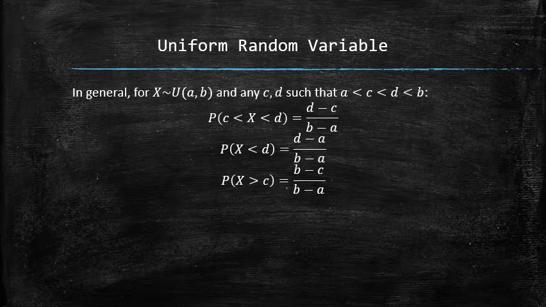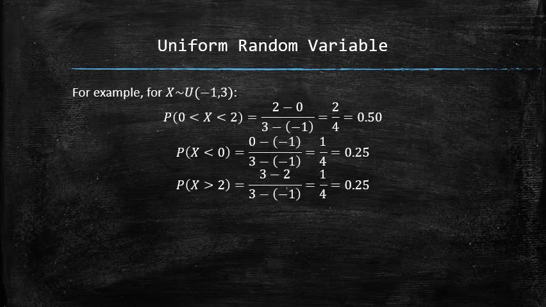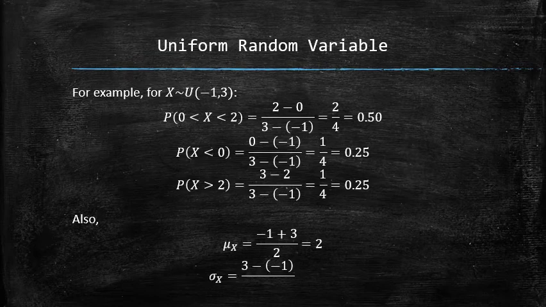In addition to the formulas for computing the probabilities, we also have the formulas for finding the mean and standard deviation of a uniform random variable. For example, for the uniform random variable with parameters -1 and 3, the mean is 1 and the standard deviation is 1.15, according to the formulas.